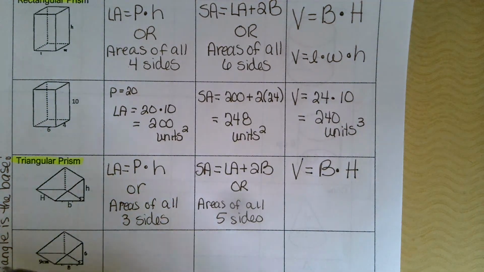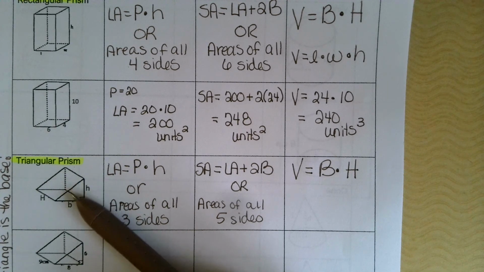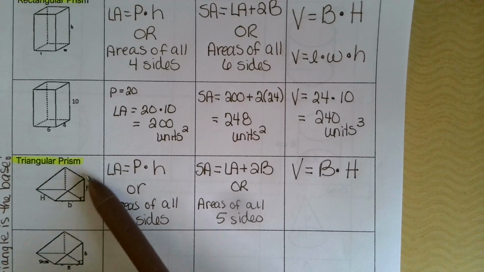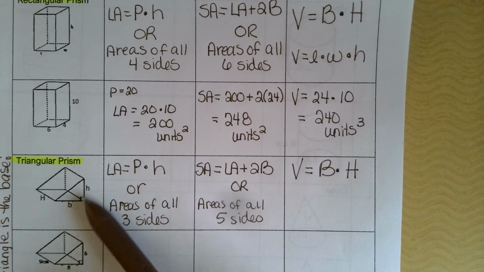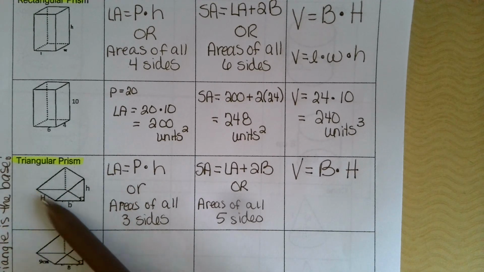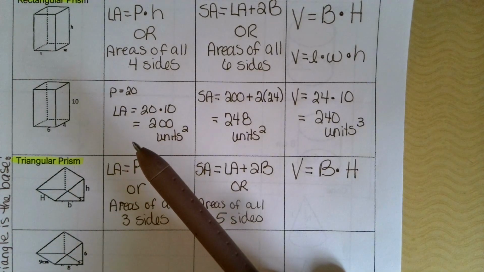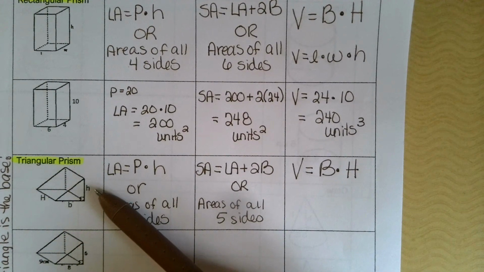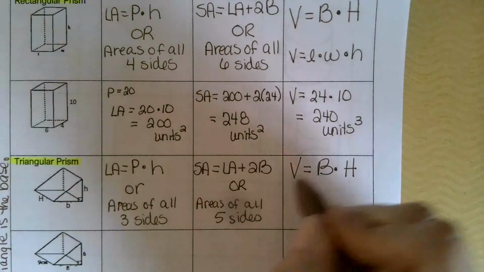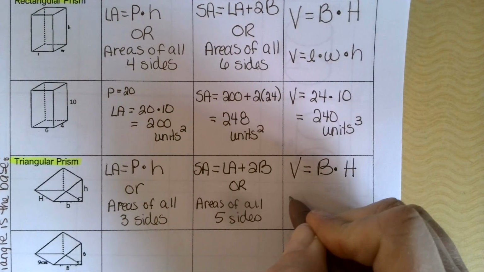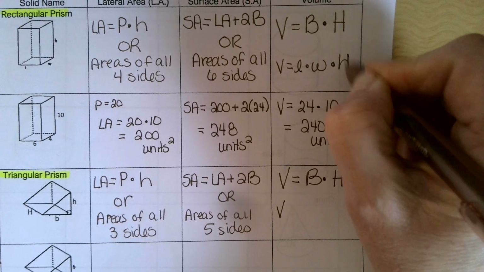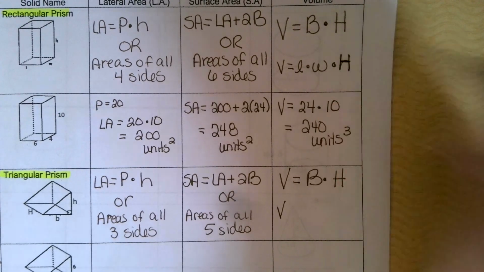So I want you to look at this. In the base, a triangle has a base and a height, and they're perpendicular to each other. And then the triangular prism has another height. Remember, it's got to stand up on that triangle. So that's why you have to understand the difference between the little h and the big H. So if I were to think about this with the formulas, I'm going to go back up here and change this to a capital H just to keep us straight.